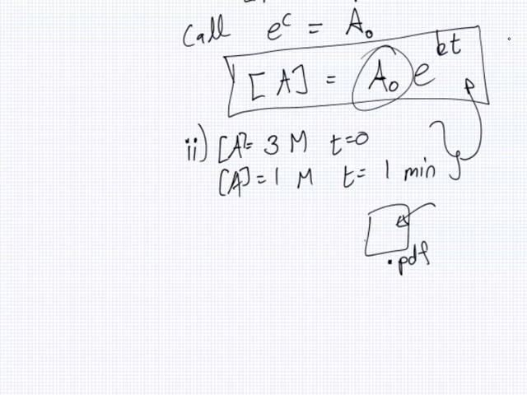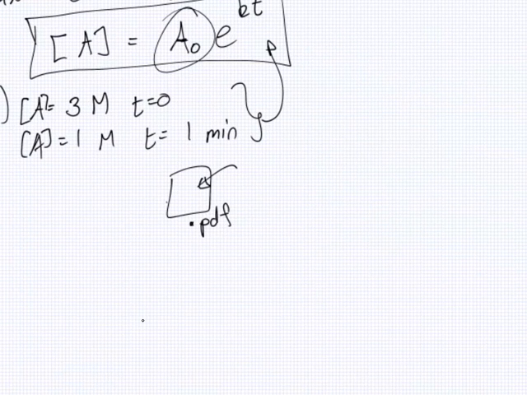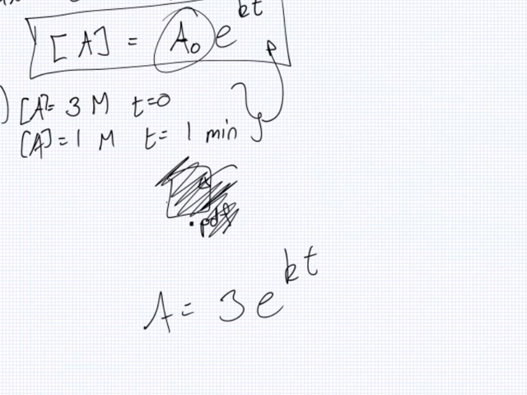Right, let's have a look. Is everybody happy that A0 is 3? If not, it will be minus 1.098. Yes? Okay.